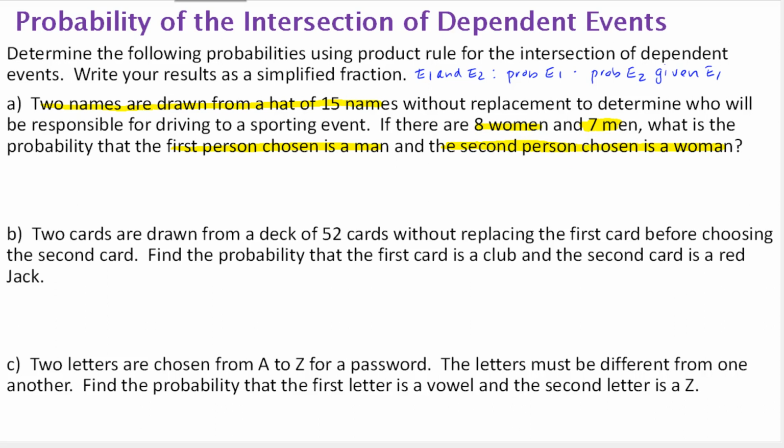Okay, so we're going to find these 2 probabilities separately. So the first person is a man. Well, there's 15 people in total and 7 men, so this is going to be 7 out of 15. Now we want the probability the second person is a woman, given that the first is a man.